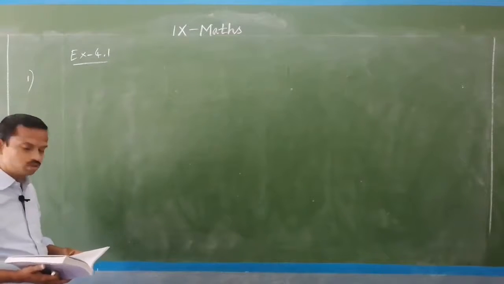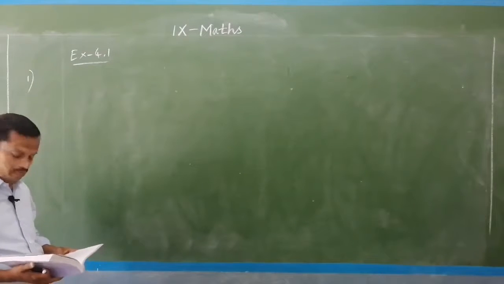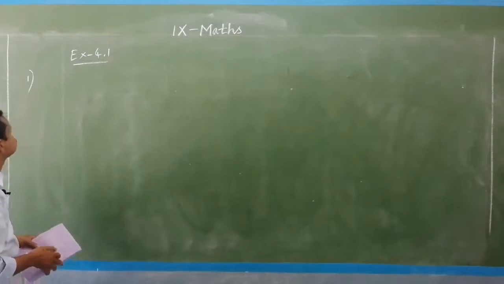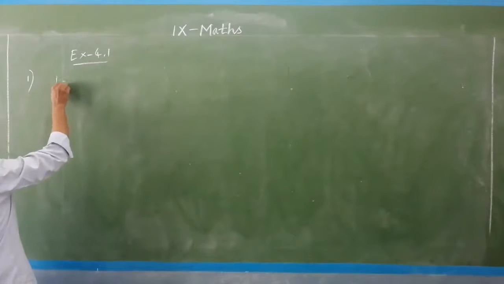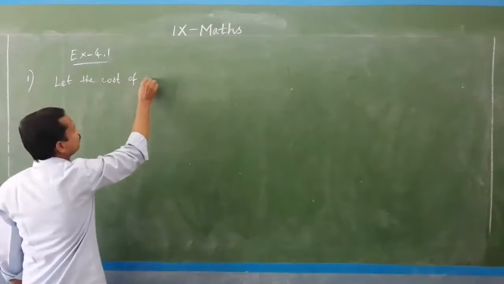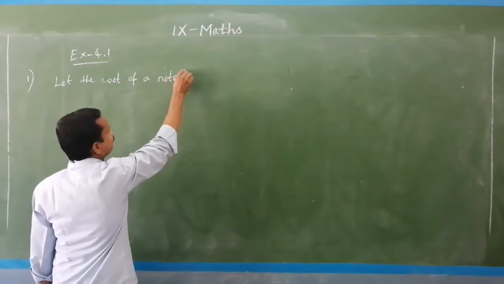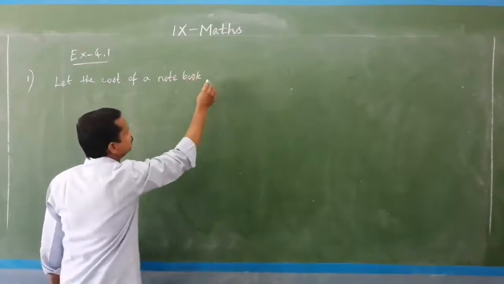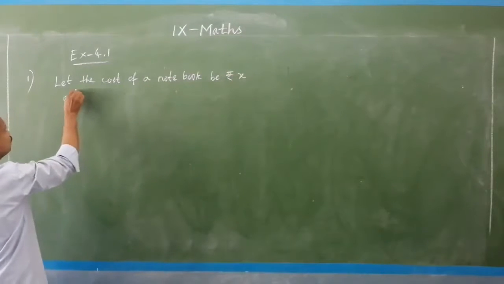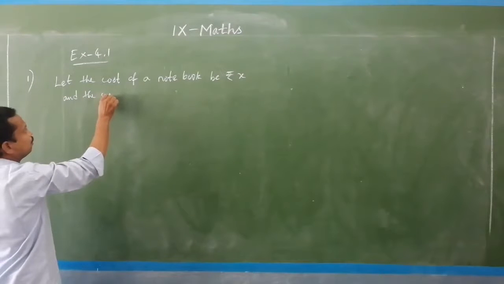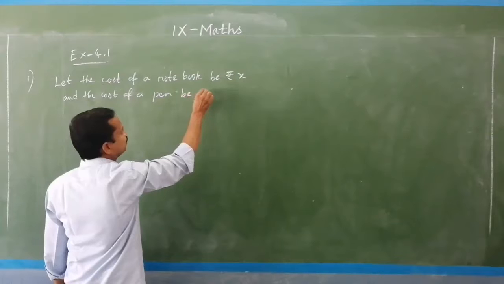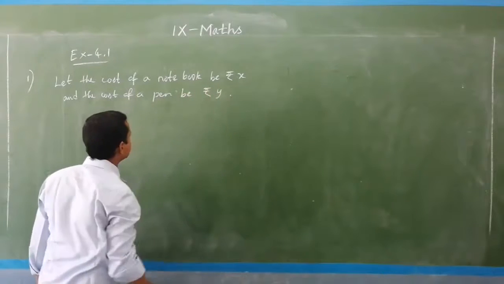The cost of a notebook you consider as x rupees, and the cost of a pen you consider as y rupees. So, let the cost of a notebook be rupees x and the cost of a pen be rupees y.